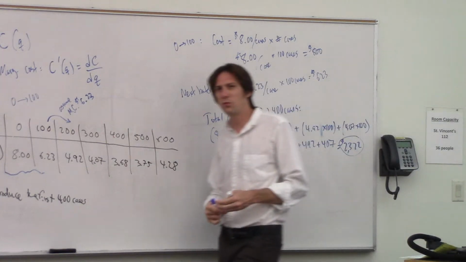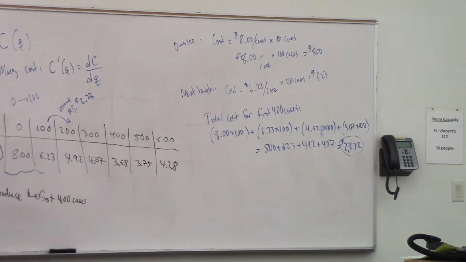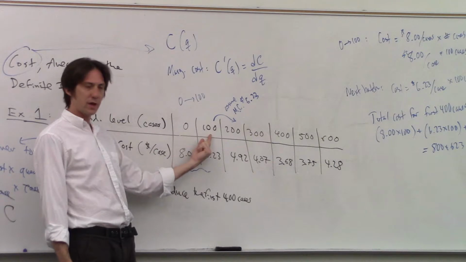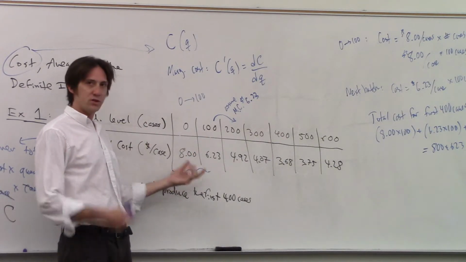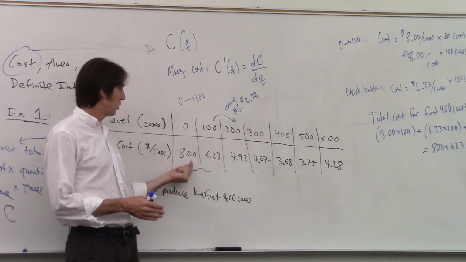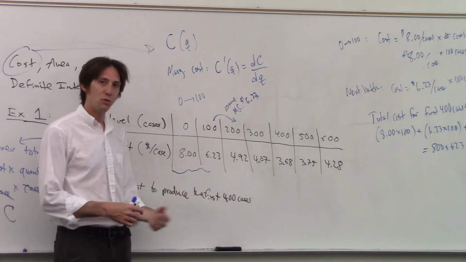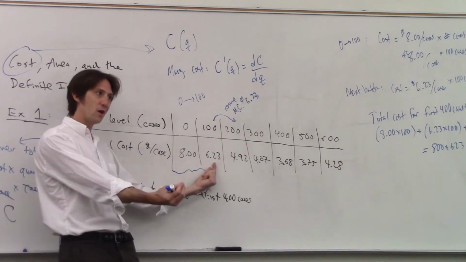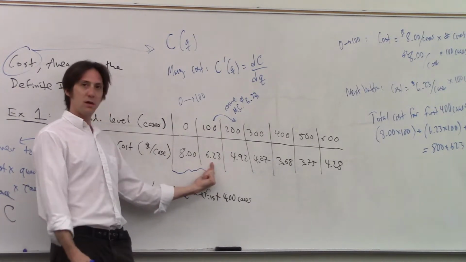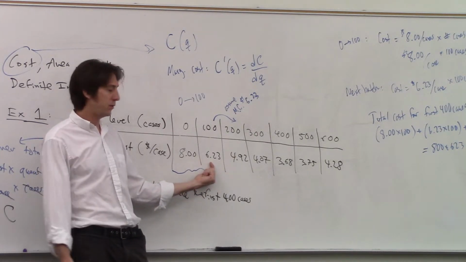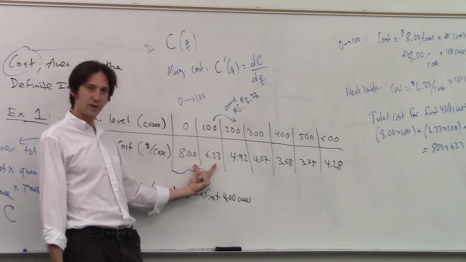Now, we might estimate this a different way. If we look back at the first batch, having production go from 0 to 100 cases, what we just assumed was that the marginal cost was going to be $8 per case over that entire batch. But because I see at the end of the batch my marginal cost has gone down, maybe I should assume that the marginal cost was $6.23 per case over the entire batch.